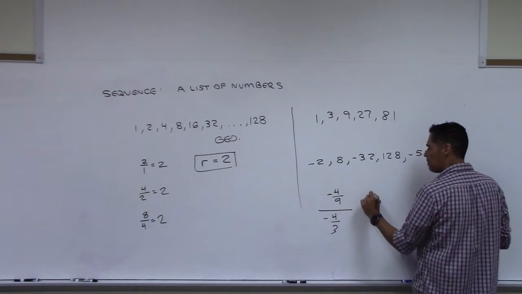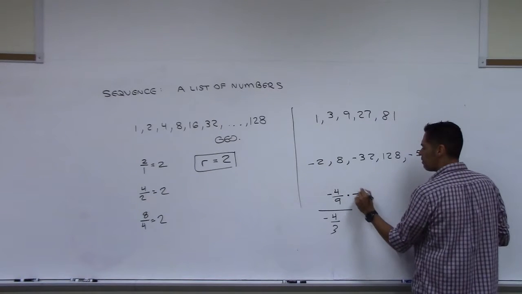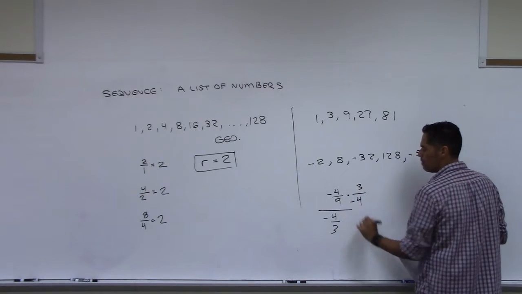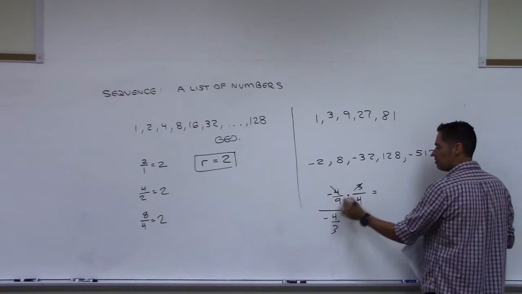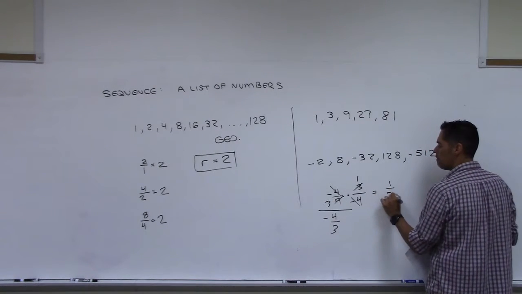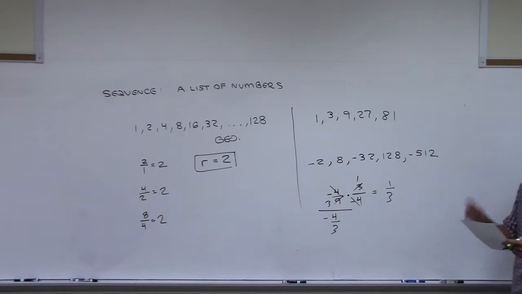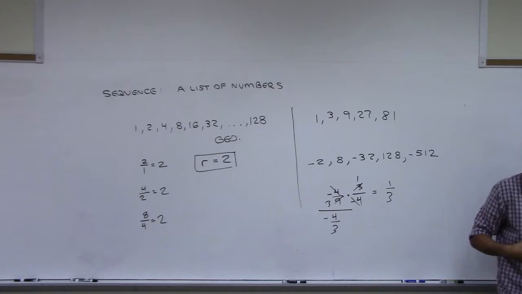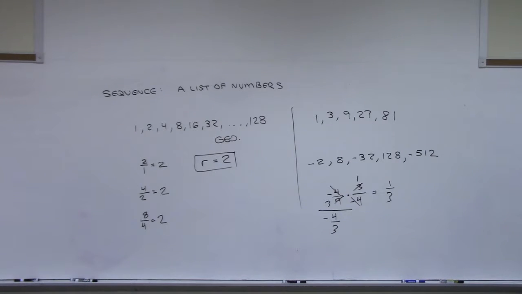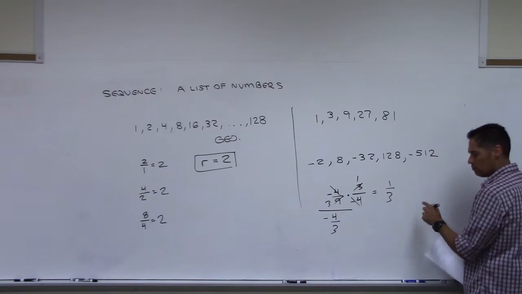I'm going to put the 3 on top and -4 on the bottom. Then cancel, reduce, and you get 1/3. So that's what we got for the first two, but we'd have to check that the rest also give you 1/3, and I'm trusting that they do. So r would be 1/3 on that one. We still good?